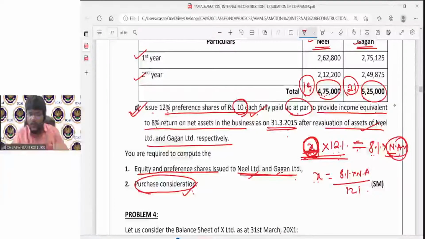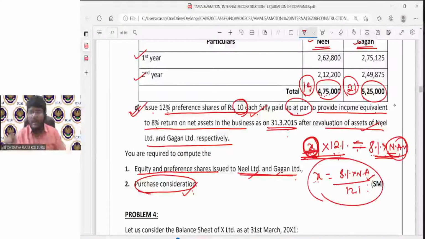But whatever the face value I issue, the 12% income on it equals the 8% return on net assets. Then the face value of the preference shares to be issued equals 8% into net assets divided by 12%. To resolve this equation, first you need to know the net assets.